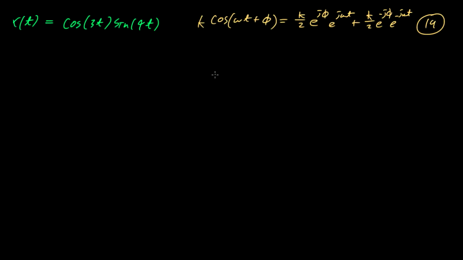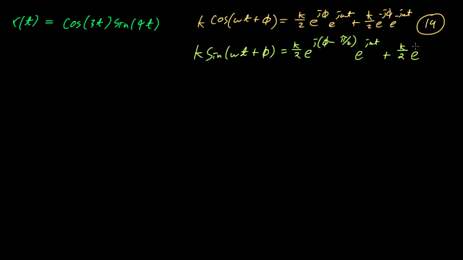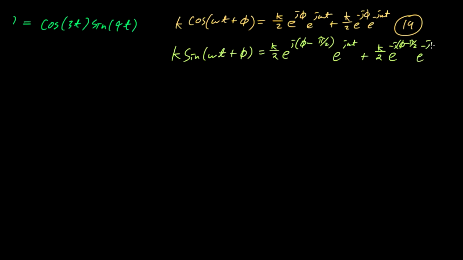And then we also figured out in just the last video that we did, and I made a little bit of a mistake when I was doing this, but I caught it at the very end, that if I have a sine wave, k sine omega t plus phi, I can represent that as k over 2 e to the j phi minus pi over 2 e to the j omega t, plus k over 2 e to the minus j phi minus pi over 2 e to the minus j omega t. This also tells you something about how you turn a sine into a cosine: I would just have to subtract pi over 2 from the expression inside of the sine.